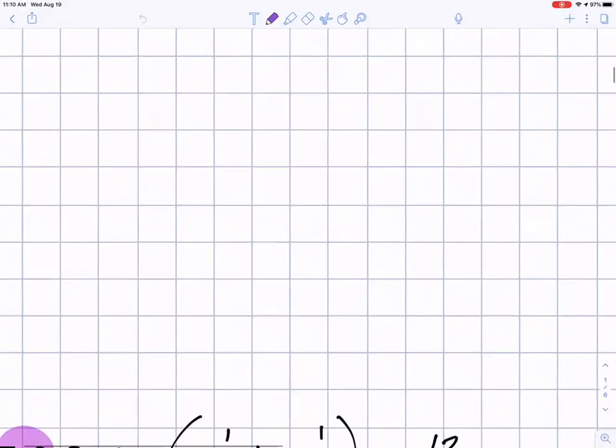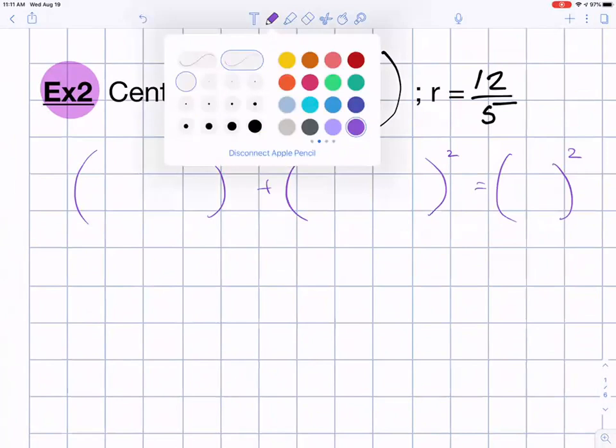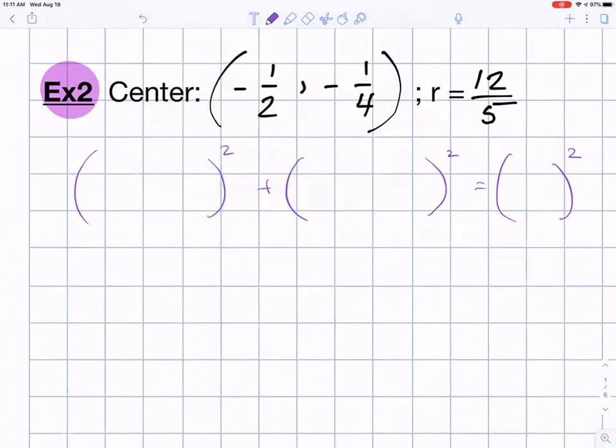Okay, so if I've been handed the center and the radius, well, let's see here. What was that standard equation? It was something squared plus something squared equals something squared, right? Pythagorean theorem. Let me make that a little thicker so it might be a little easier to read.